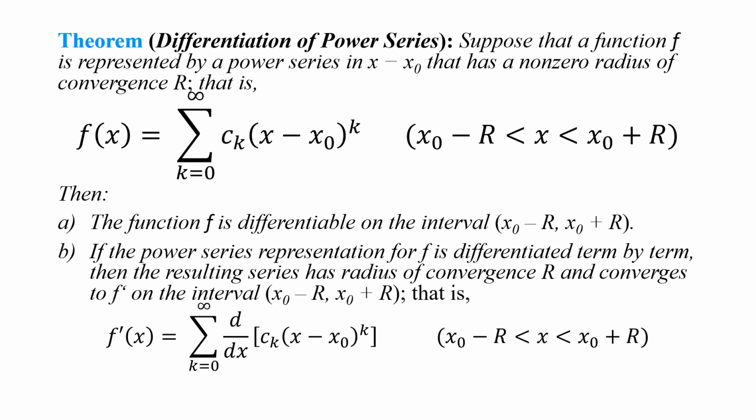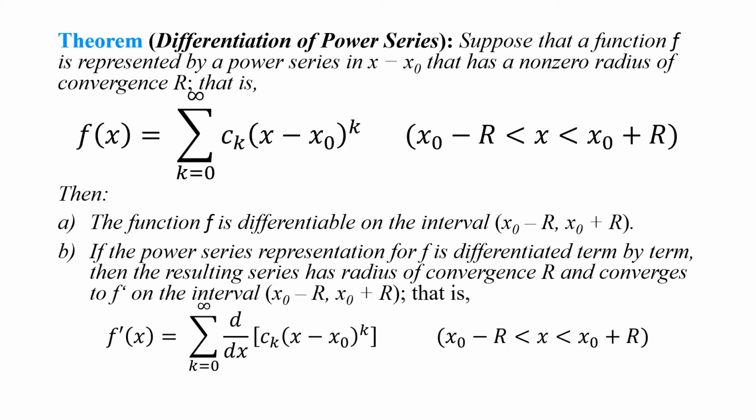However, if we do this, then we conclude that the first derivative of the function is differentiable on the interval x sub 0 minus r to x sub 0 plus r. And the power series for the second derivative of the function has the same radius of convergence as the power series of the function and the first derivative of the function.